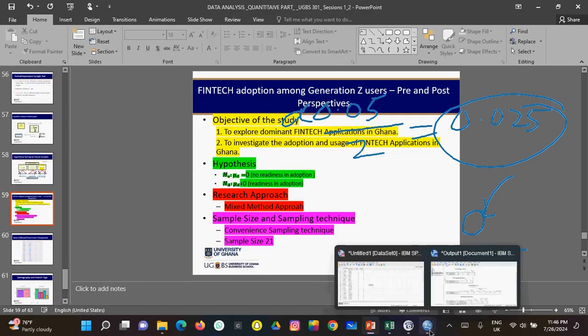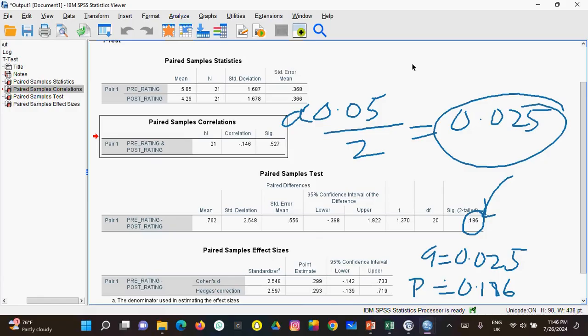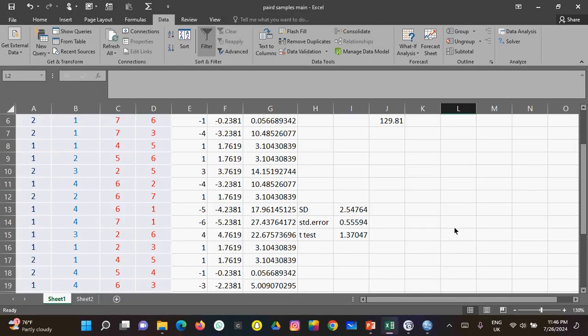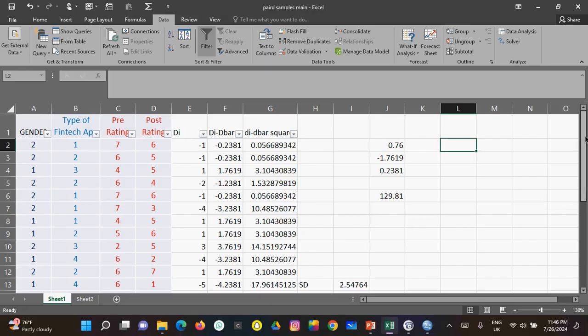So basically, that's it for paired sample t-test statistics, right? So we'll close here and then meet some other time for the correlation and regression. As you are seeing here in Excel, I solved for D bar, then I solved for DI minus D bar, which was in the SD, the summation of DI minus D bar.